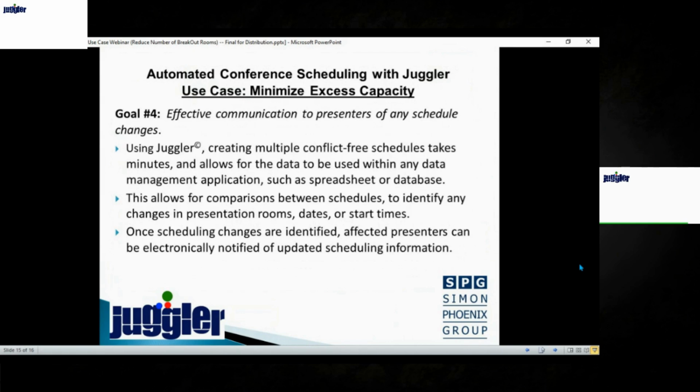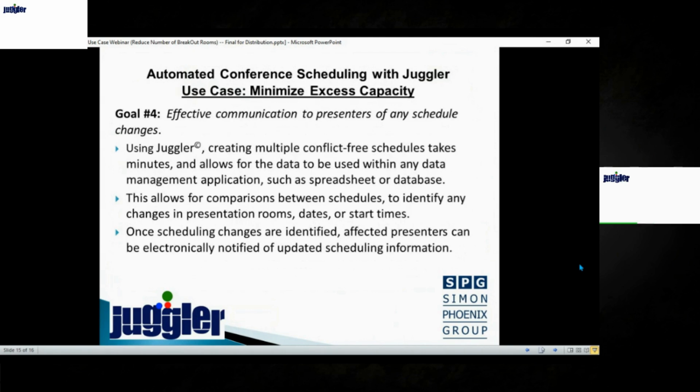Being able to then do this allows for comparisons between schedules to identify those changes in presentation room, dates or start times. And once the scheduling changes are identified, as I noted earlier, affected presenters can be electronically notified, typically via email, of updated scheduling information.